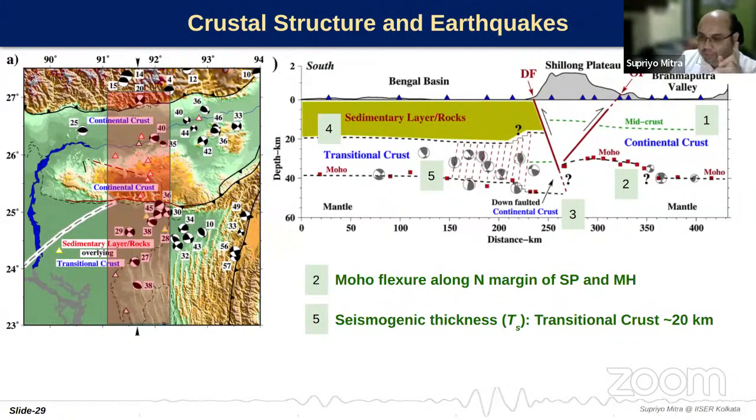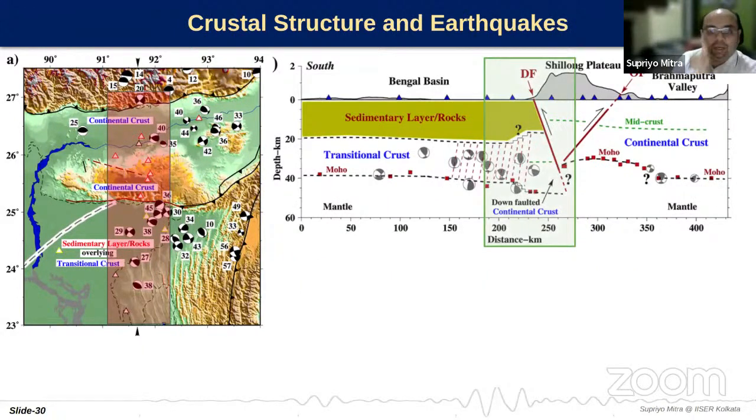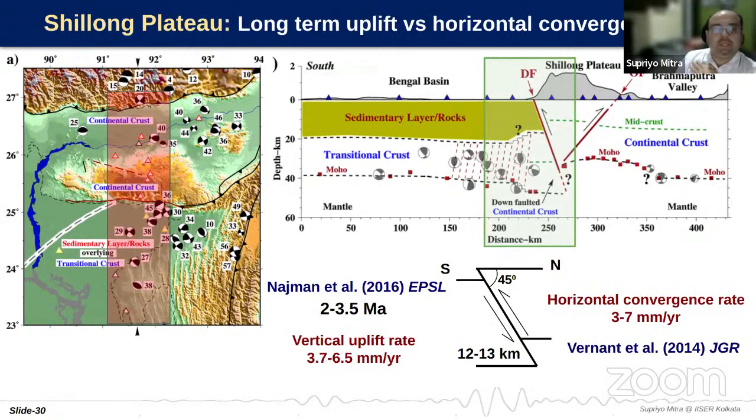So now with this, let us take a closer look at this region across the Dauki fault. I'm going to use the data from Yani Najman's work, where she looked at the reflectors in the Surma Basin and tried to work out the loading of the Bengal Basin crust because of the growth of the Shillong Plateau.